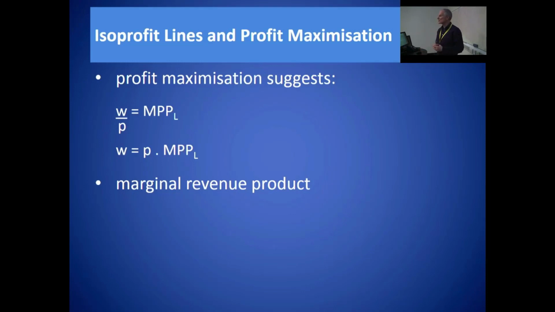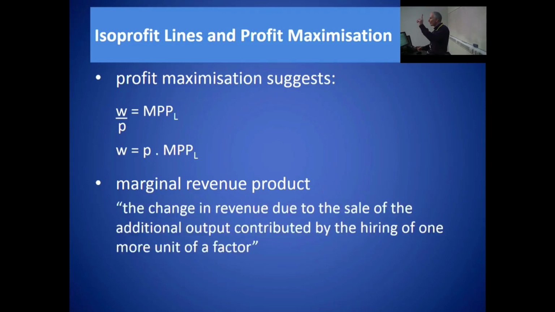Now, by its very title, the marginal physical product of labour looks at physical units. If you employ one extra worker, how many physical units of output does that worker produce? How many additional units does he add to total output? That's the marginal physical product of labour.